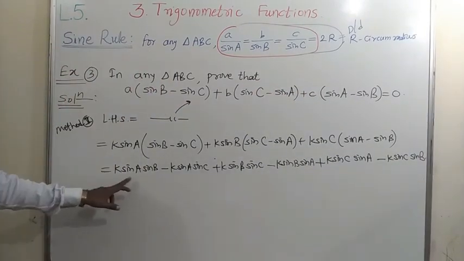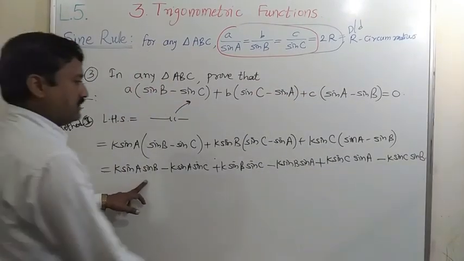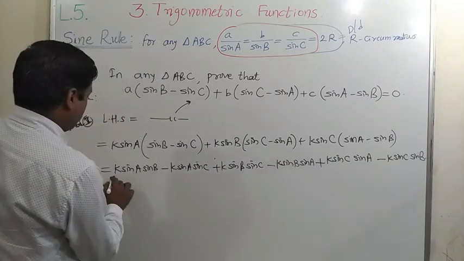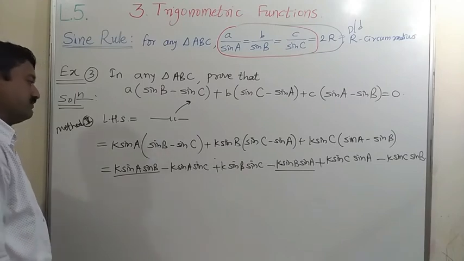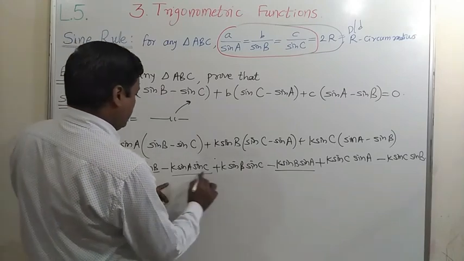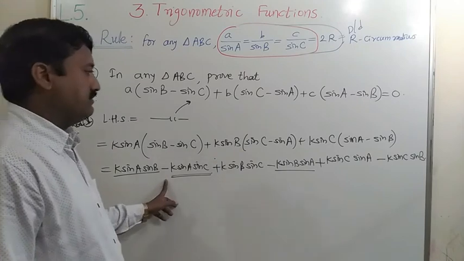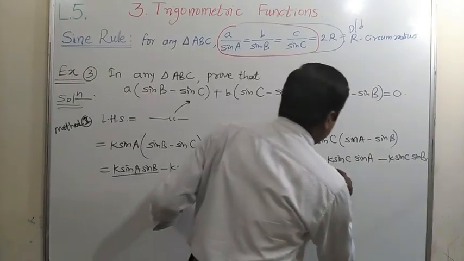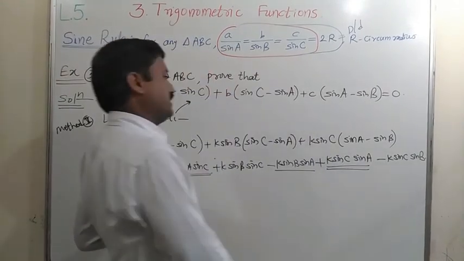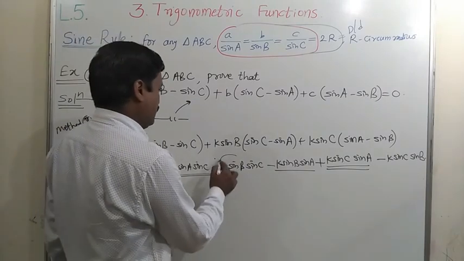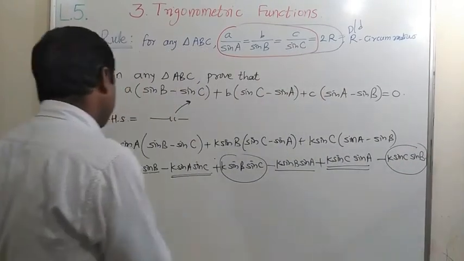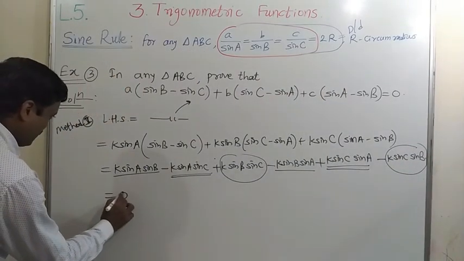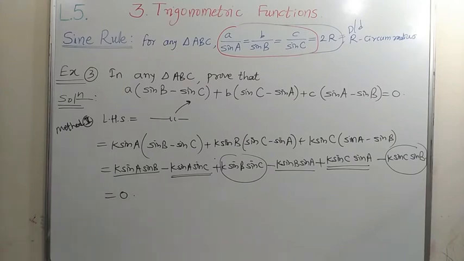Again, if you observe this k sine a sine b, this is k sine a sine b, so these get cancelled with each other. Here subtraction will be, or addition will be 0. In this k sine a sine c, it is negative. Here k sine c sine a is positive. So these two get cancelled. And this k sine b sine c and this minus k sine b sine c get cancelled. So answer will be once again 0. Okay. This is the second method.